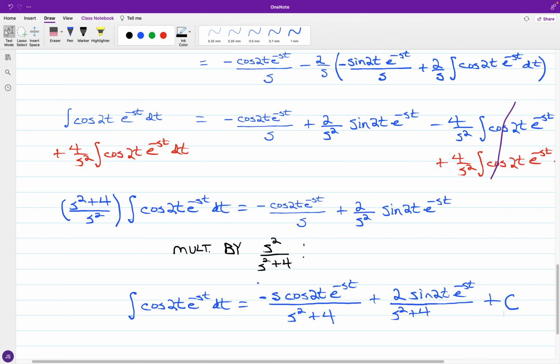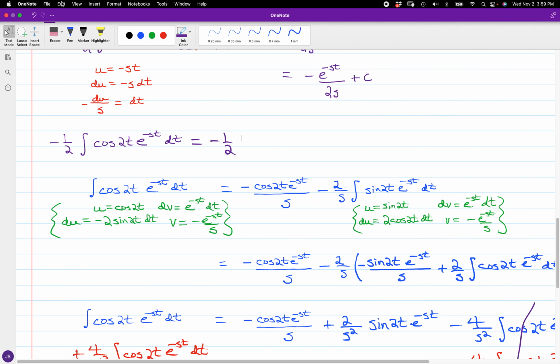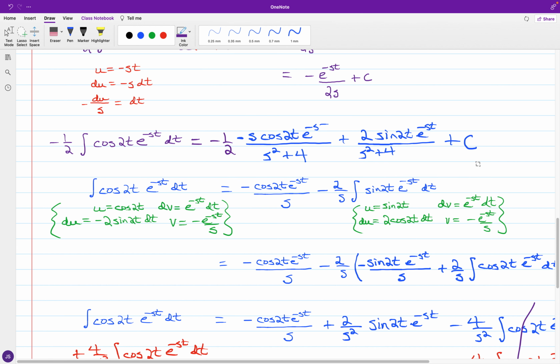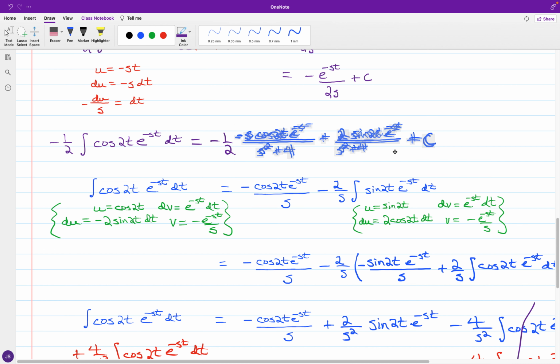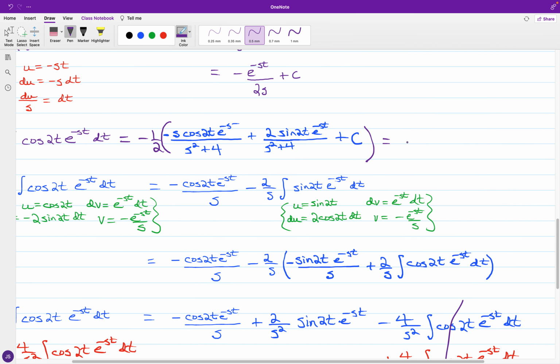So looking at what we have, just going back to our original integration term. Upon distributing, we have a negative times negative is a positive.